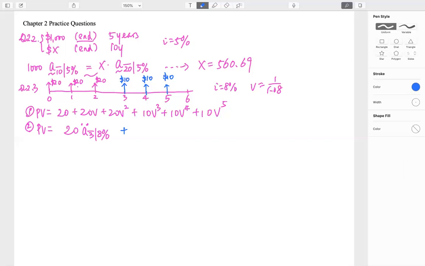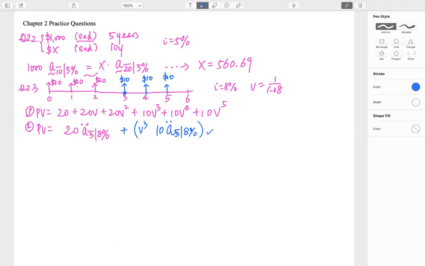Let's also call it annuity due. So if it's annuity due, then first of all, I have 3 payments at 8%. If I think of this as annuity due, my starting point is 3. So when I discount back, I need to discount by 3 years, right? So from here, you can apply the formula to calculate.